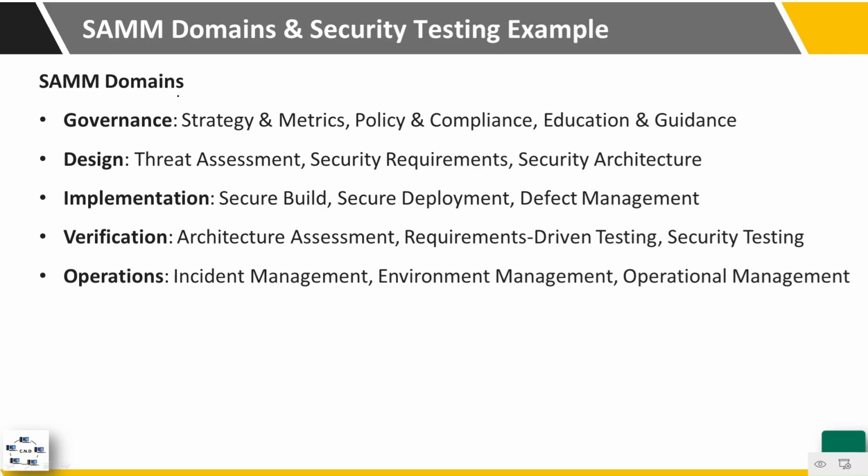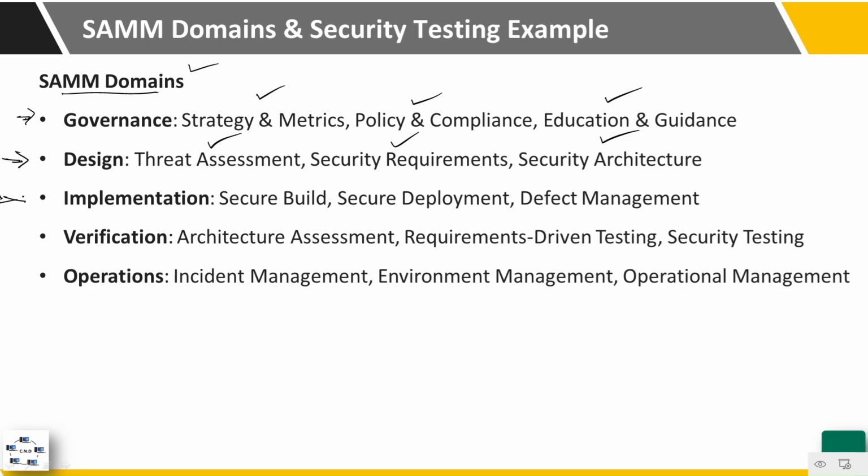So we have the SAMM domains and security testing examples. The Software Assurance Maturity Model domains include governance. Governance includes strategy and metrics, policy and compliance, and education and guidance. Then we have the design domain, which includes threat assessment, security requirements, and security architecture.